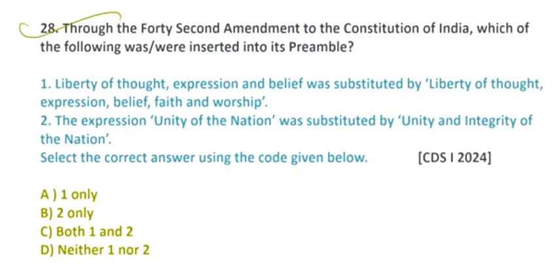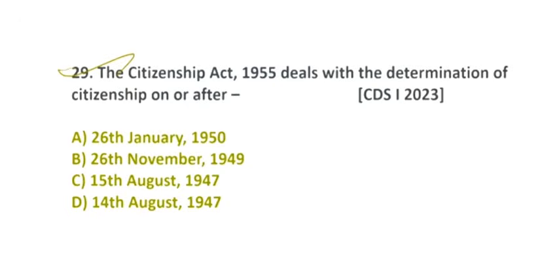28. Through the 42nd Amendment to the Constitution of India, which of the following were inserted into its preamble? Option number B, 2 only. The expression unity of the nation was substituted by unity and integrity of the nation. 29.